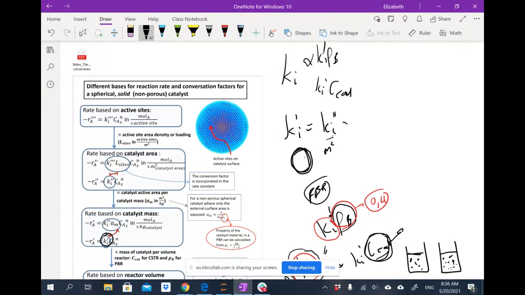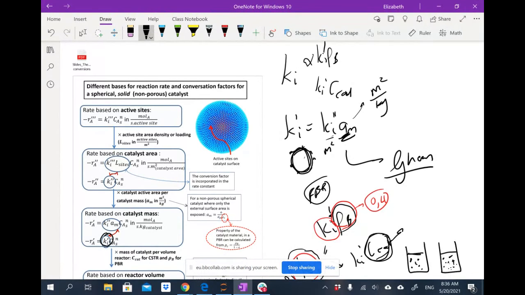I have to multiply this by that variable that you hopefully encountered when you watched the videos, Am, that gives me the amount of area that I have per kilogram. This Am is for our Goon-like catalyst, where the active surface area is only on the outside of my catalyst ball.